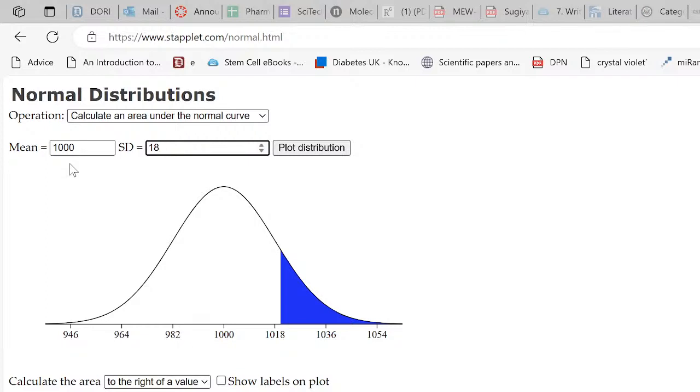There it is. 1,000, 1, 2, 3 standard deviations to the right, 1, 2, 3 standard deviations to the left. Okay? And we want the probability that the sample mean is more than 1,020. So, in symbols, I want the probability that X bar exceeds 1020. And we're just going to have technology do that.